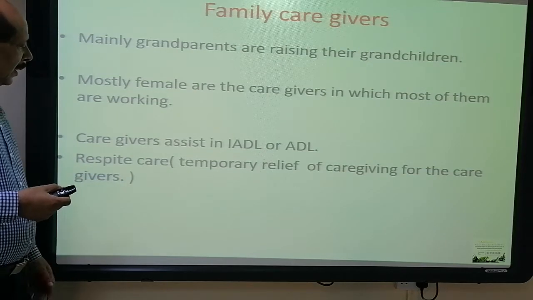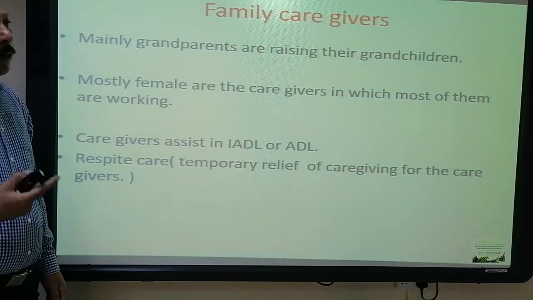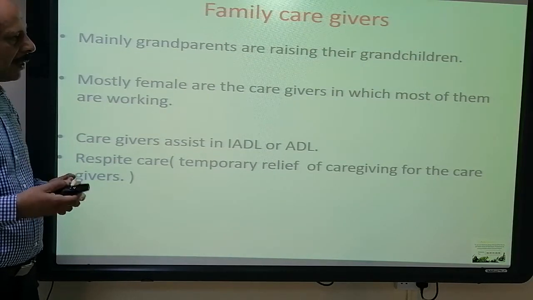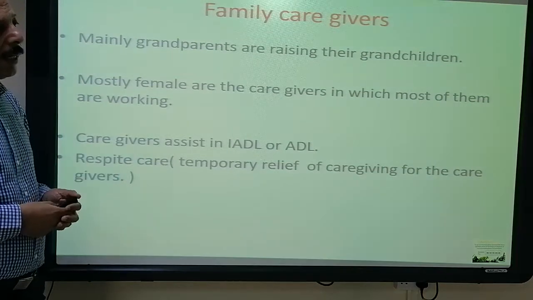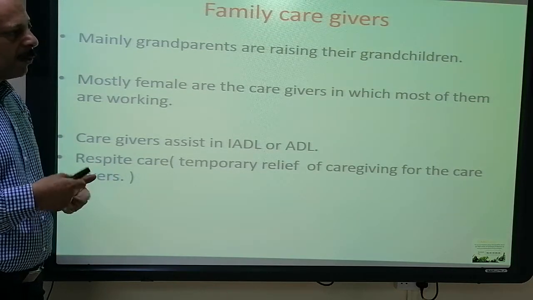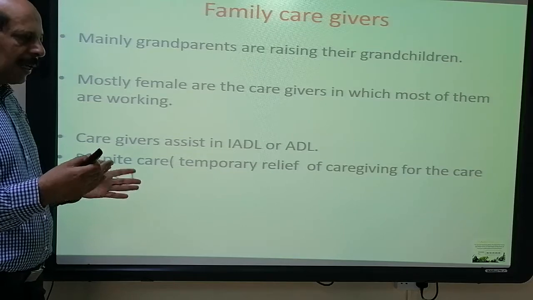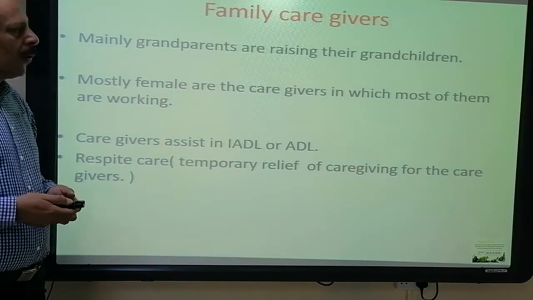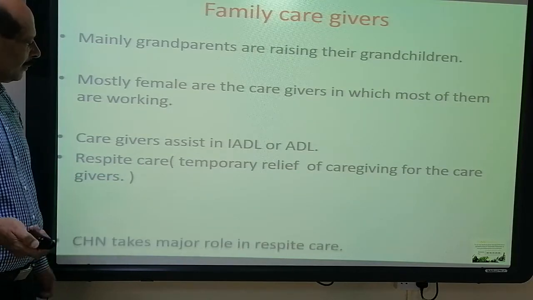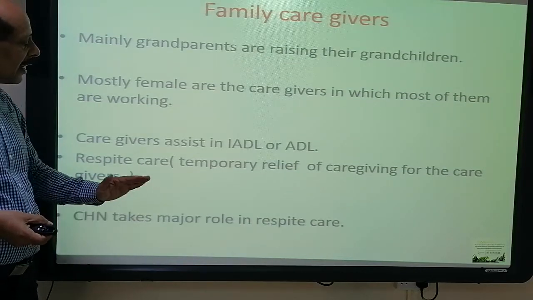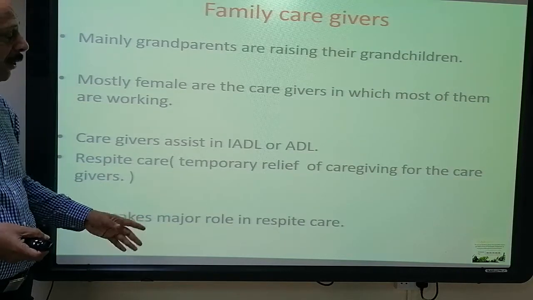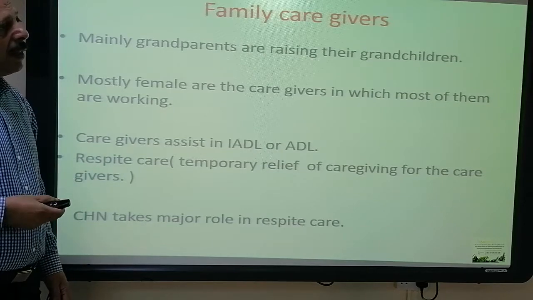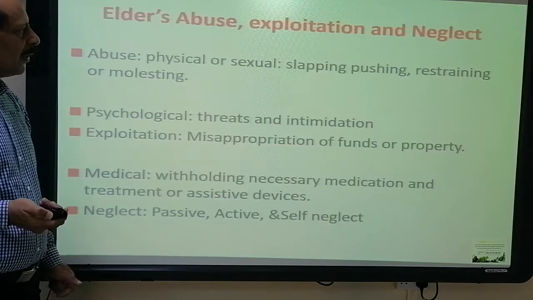So the community nurses or the family members can also divide the role between them in order to give and manage the needed care for their older client. The community health nurse takes a major role in respite care, in taking care of the client, especially the medical care for that patient.